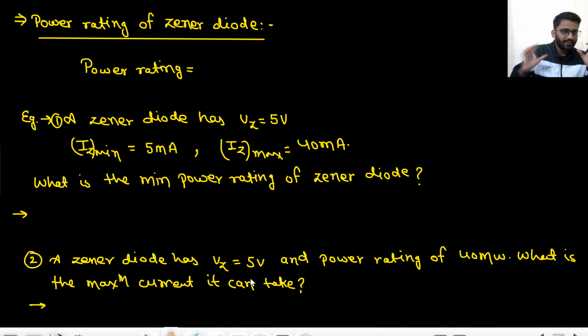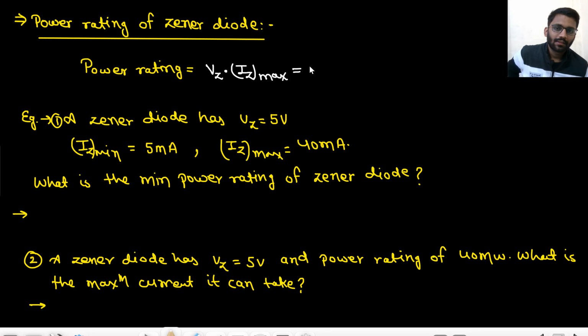It is written many times in questions. It will be written, what is the power rating. So power rating is Vz into Iz max. So what is the meaning of power rating?